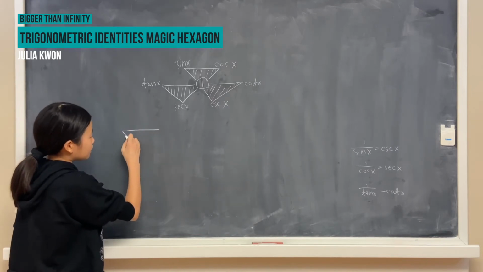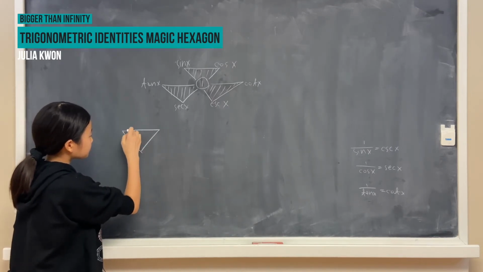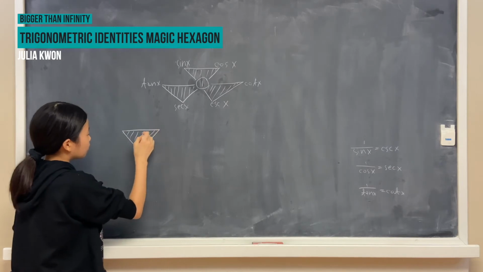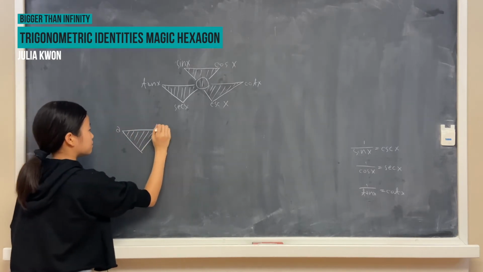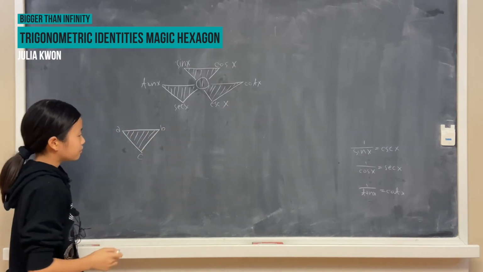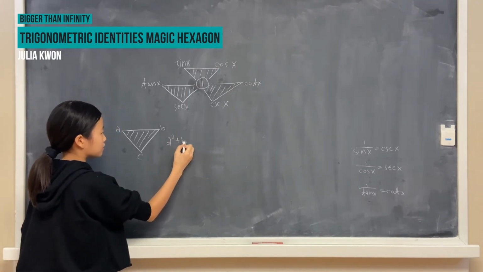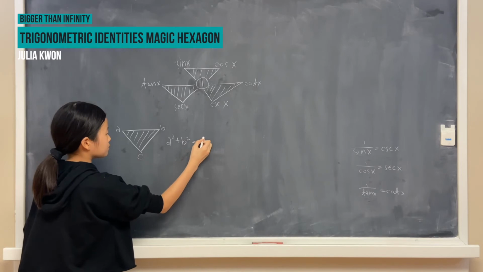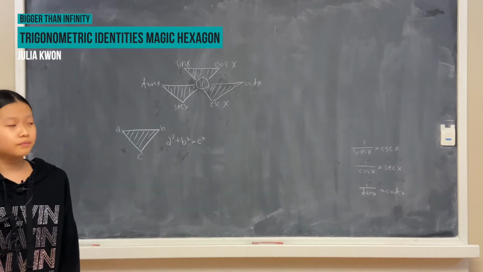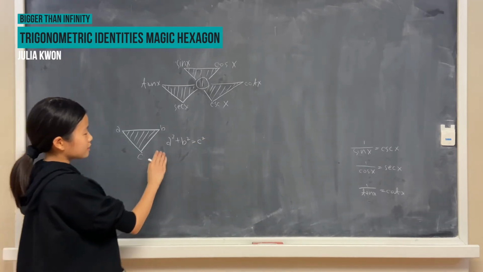So if we have a triangle here with A, B, and C, A squared plus B squared will always be equal to C squared. So it always has to be in this form.